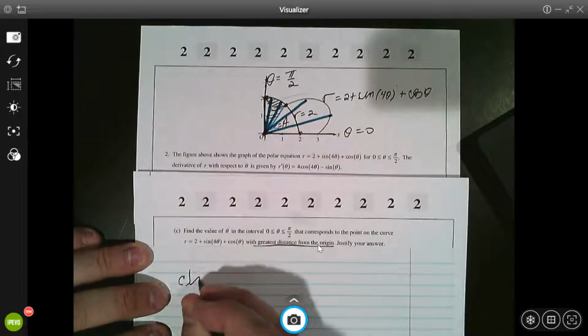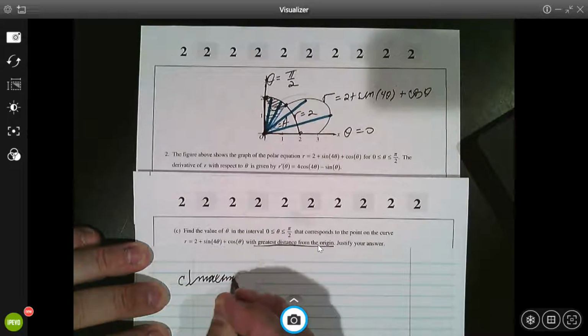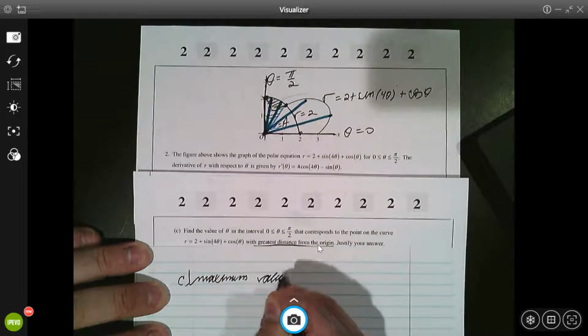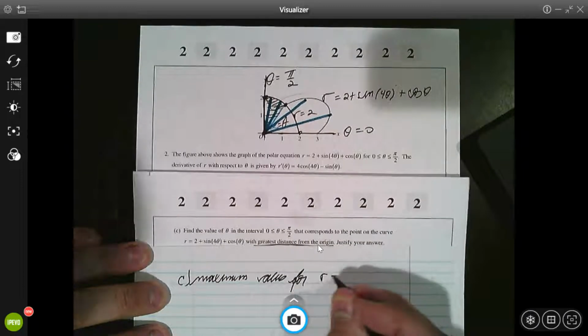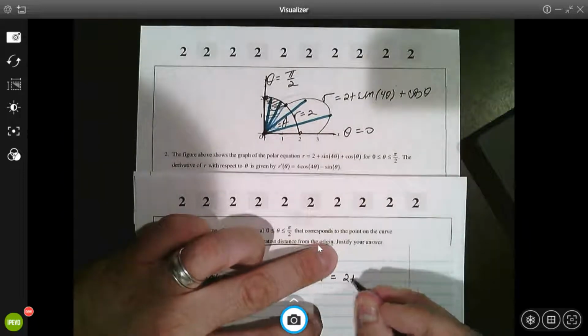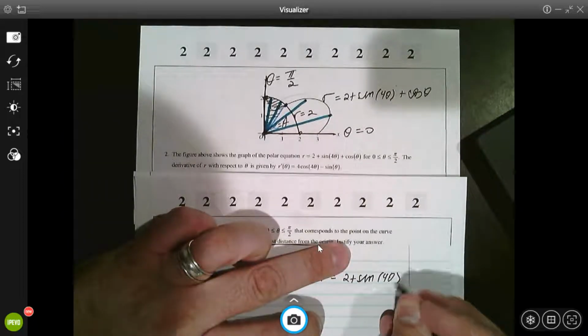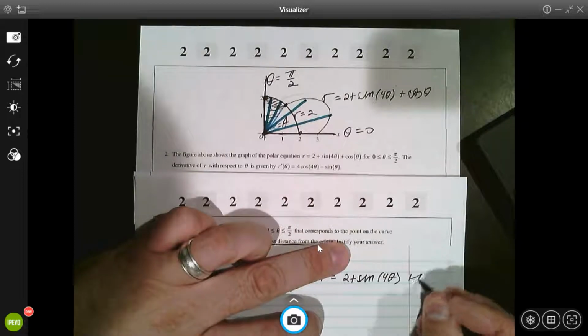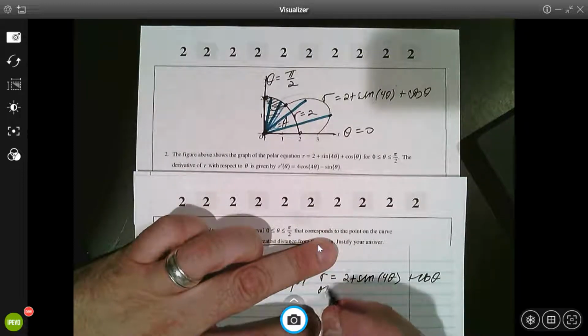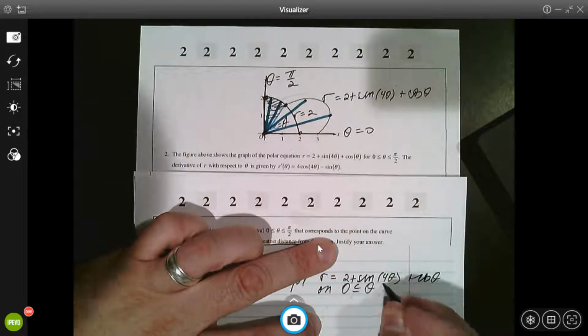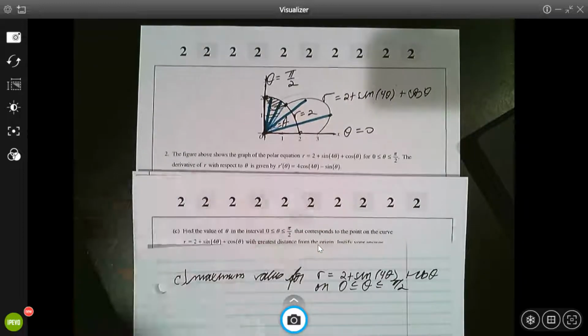So in part C, I need the maximum value for r equals 2 plus sine of 4 theta plus cosine of theta on the interval 0 less than or equal to theta less than or equal to pi over 2.